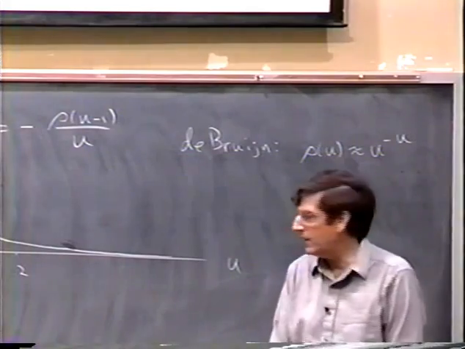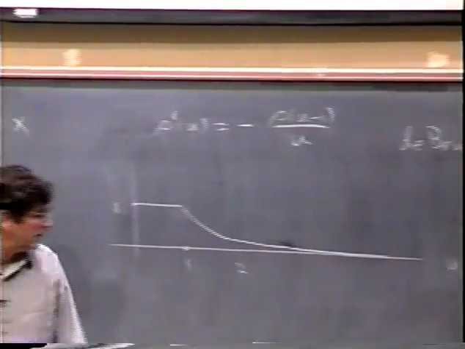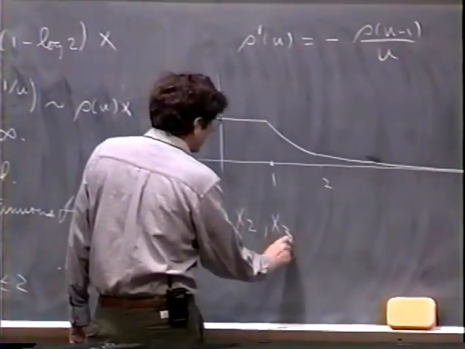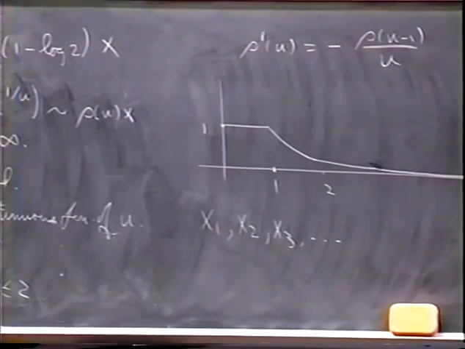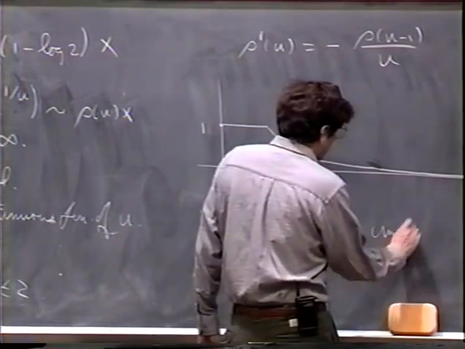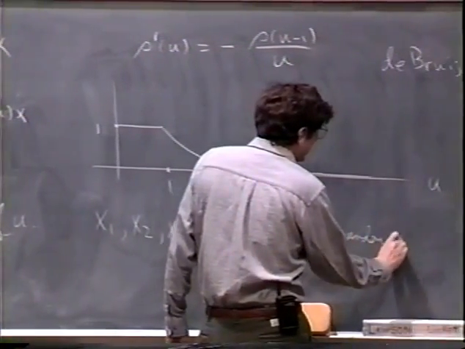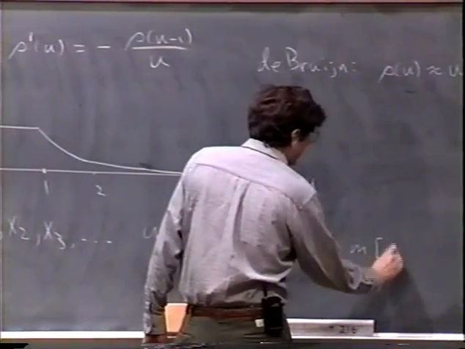Let's take an infinite sequence, x1, x2, x3, of uniform random variables on 0 to 1.